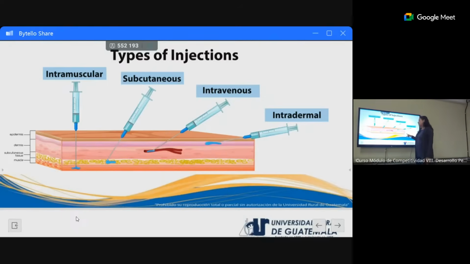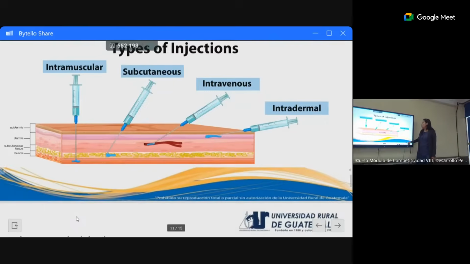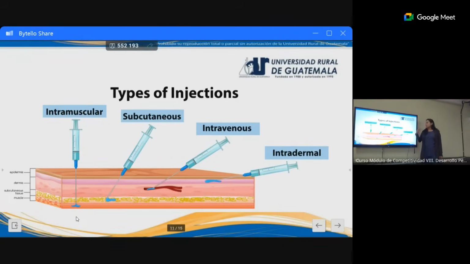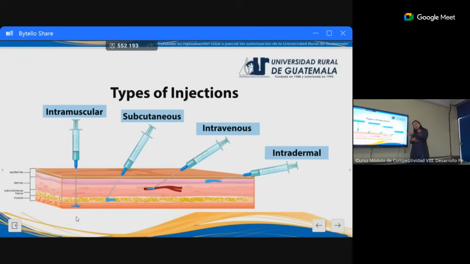Those are the types of injections that a health professional should administer. It shows how important it is to learn all the types of vaccines and the types of injections to be administered in our bodies.